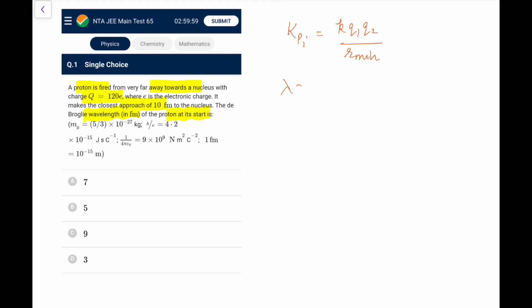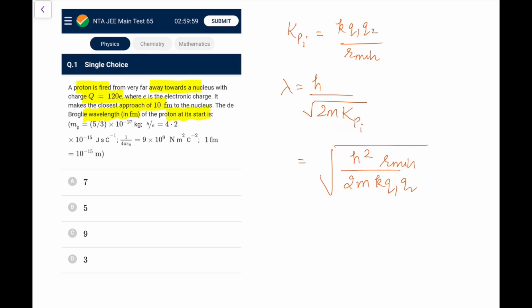Now de Broglie wavelength is h by p, h upon root 2mK, that you can write. So that would be h upon under root of, if I take everything in under root, h square upon 2m K, meaning K q1 q2 by r minimum.